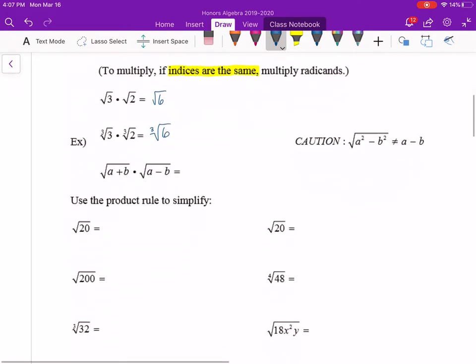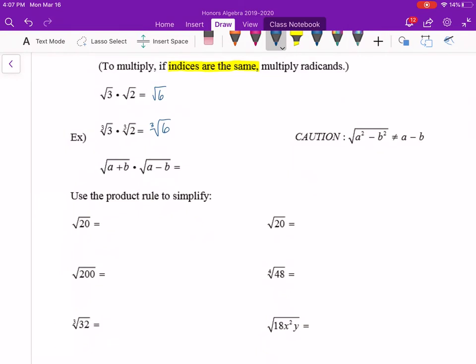So we can also do that with variable expressions. So we have a square root here times another square root, which means it can be the square root of the product. So the square root of a plus b times the square root of a minus b, we know, would be a squared minus b squared. Those middle terms are going to cancel out.